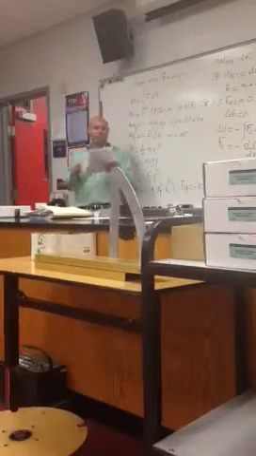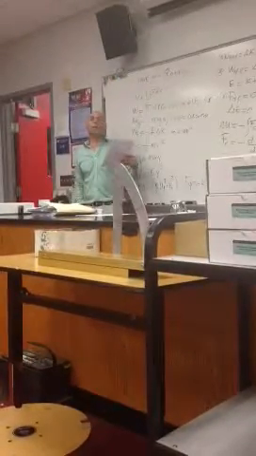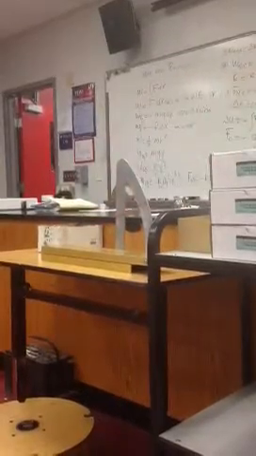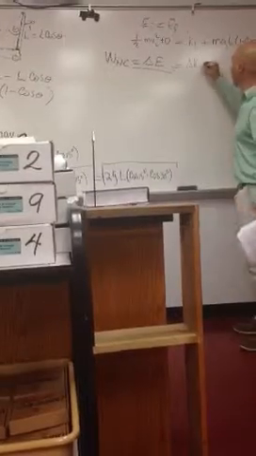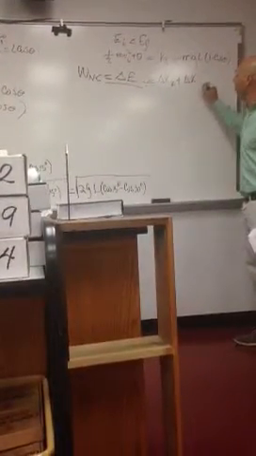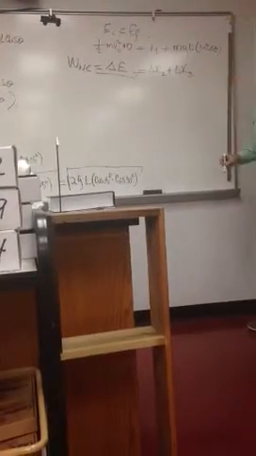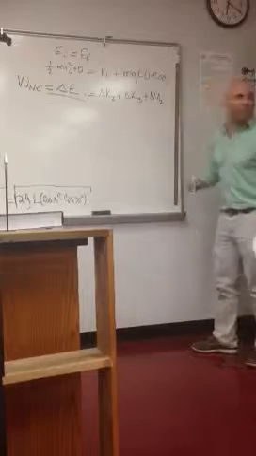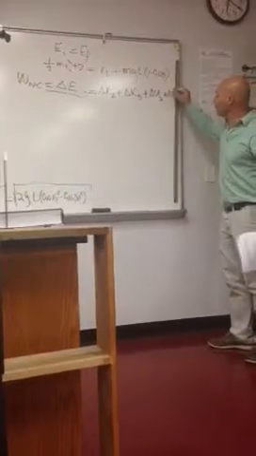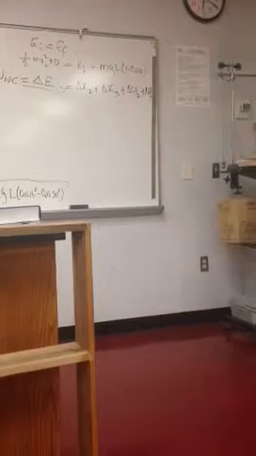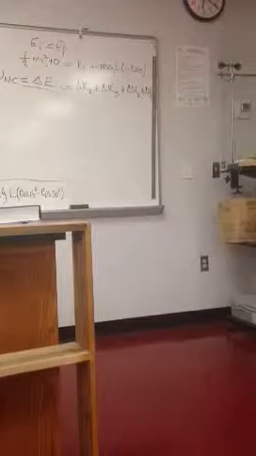Based on the reading, the formula will be delta K for the 2 kilogram object plus delta K for the 3 kilogram object plus delta U for the 2 kilogram object plus delta U for the 3 kilogram object. Is that correct? This is what we call delta E for the whole system.